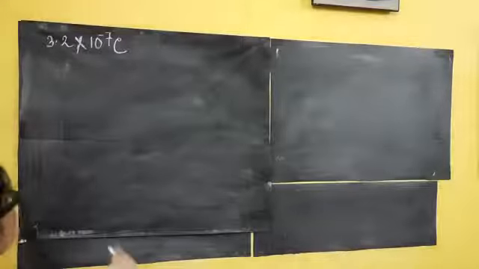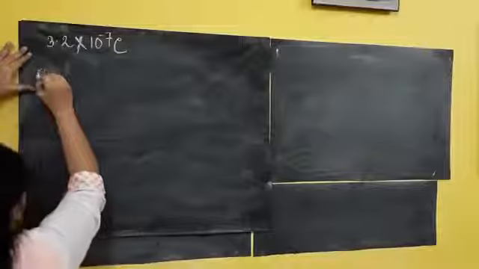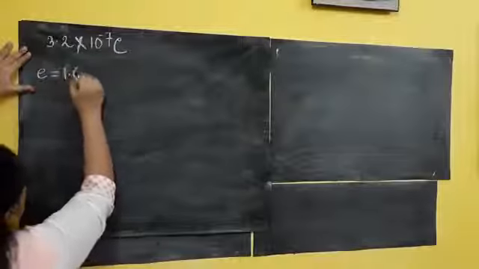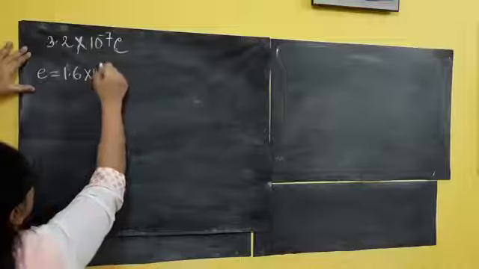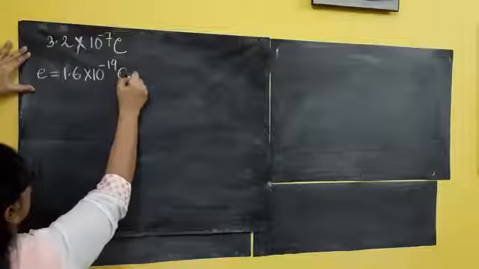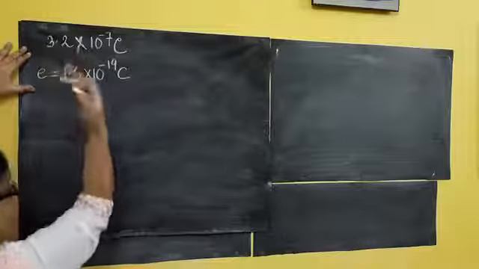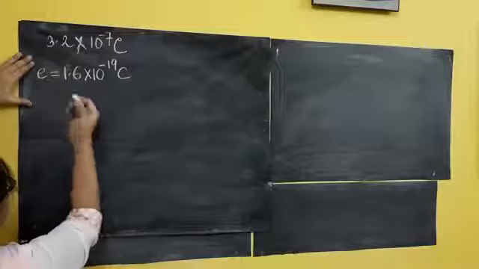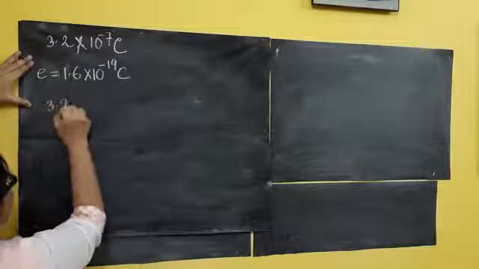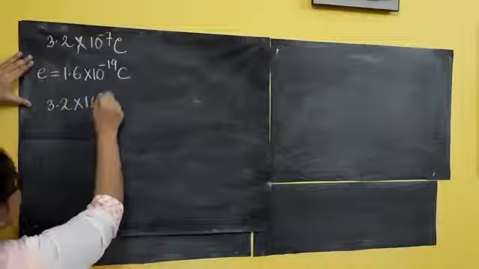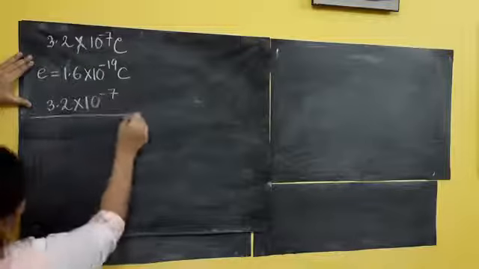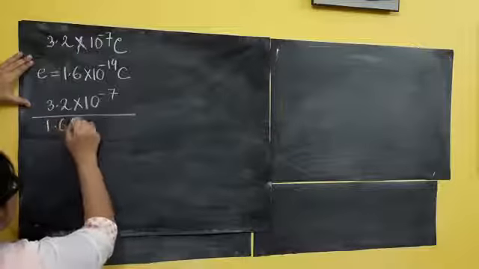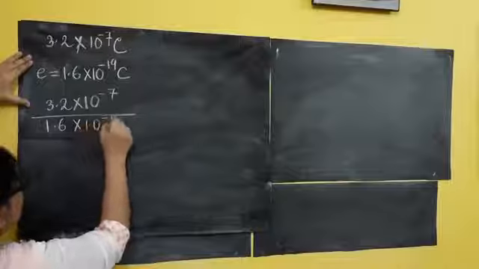One electron charge is how much? We know one electron charge is equal to 1.6 into 10 to the power minus 19 coulomb. So how many electrons have been exchanged? That will be 3.2 into 10 to the power minus 7 divided by 1.6 into 10 to the power minus 19.